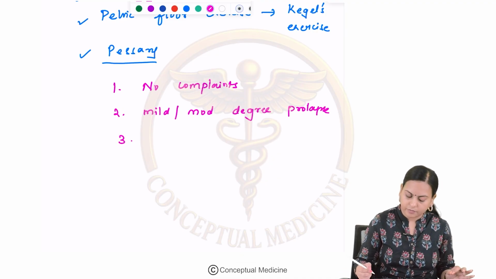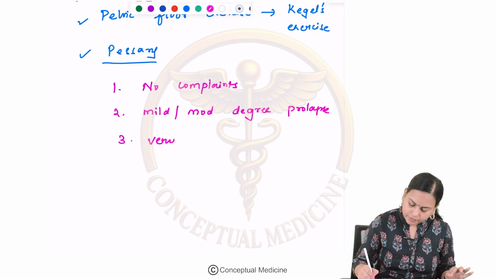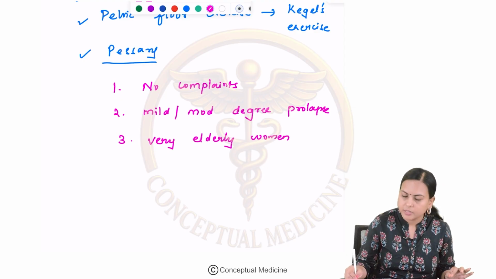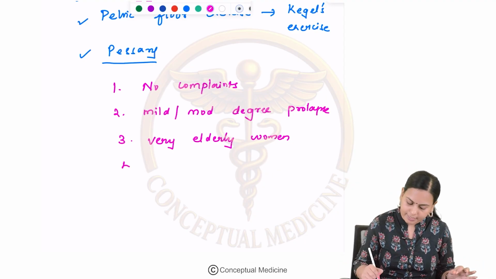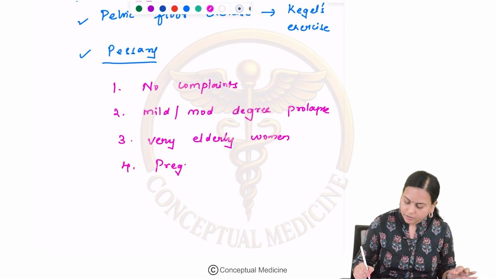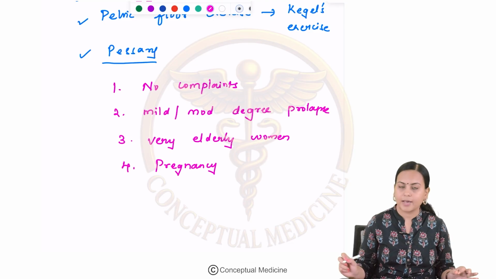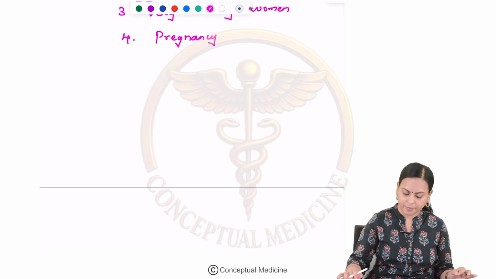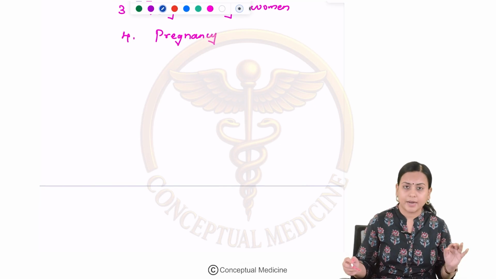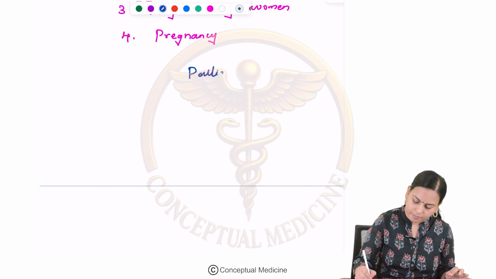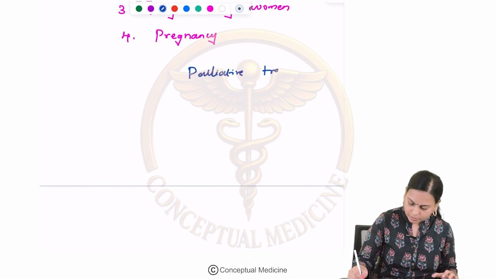Number 3, when it happens in very elderly women because they will not be fit for surgery mostly. And finally, when there is prolapse in a pregnant female. However, pessary management is usually a palliative treatment.